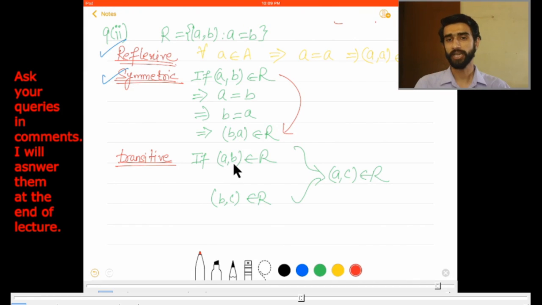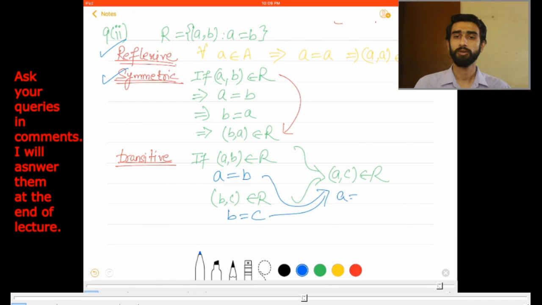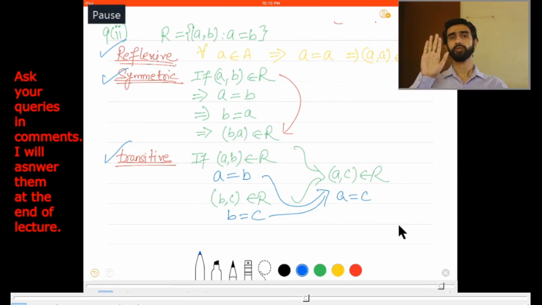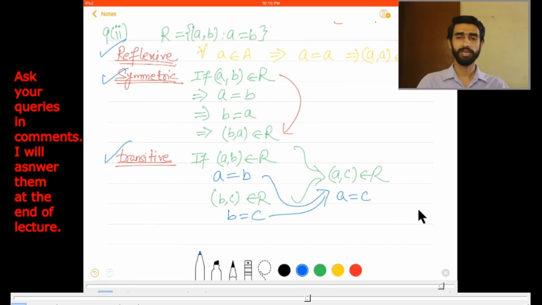First element related to second, second related to third, then first should be related to third, A related to C. This should be in R. So let's write: if (A, B) belongs to R, it means A equals B. And if (B, C) belongs to R, it means B equals C. And with this, you can simply say that A is equal to C. Equality is a transitive relation. भाई अगर पहला दूसरे एलिमेंट के इक्वल है और दूसरे वाला तीसरे एलिमेंट के इक्वल है, तो यू कैन से पहला और तीसरा भी आपस में इक्वल होंगे ना. This relation is transitive. Very clear. Okay, now let's go further.